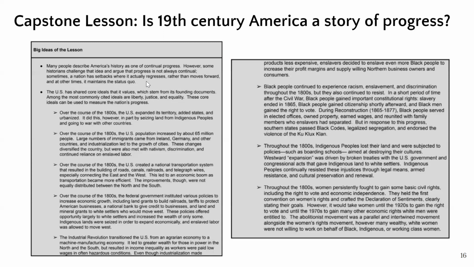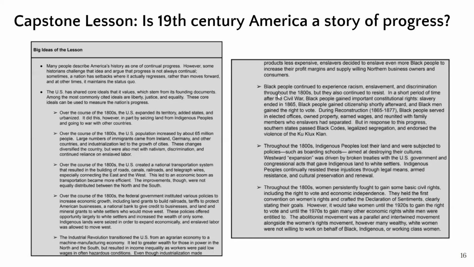Students also in this lesson revisit some of the nation's ideals that they've learned about over the course of the year. So they revisit ideals like liberty, justice, and equality, and they think about using those to measure the nation's progress. And again, they're focusing on these key areas. So they're looking at territory, population, national transportation, policies for economic growth, and the Industrial Revolution.